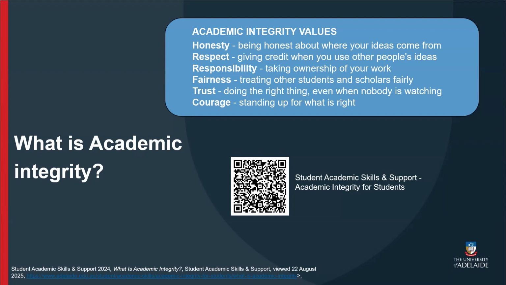AI is very accessible to us all, but sometimes it's just really not the right thing to be doing, and it takes courage to stand up and say, no, this isn't appropriate for me to be using this. So these values guide how we can use AI ethically in our studies. And they're also why citation and acknowledgement matter. It's not just a technical requirement, but it's a reflection of your integrity as a student as well.